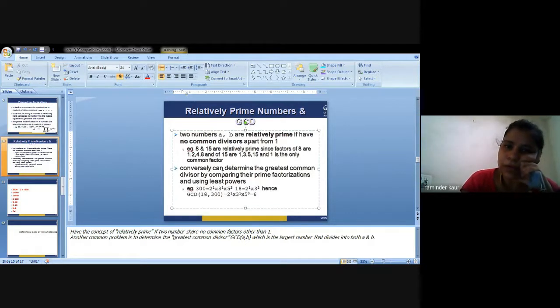Conversely, we can determine the greatest common divisor by comparing their prime factorizations and using the least powers.